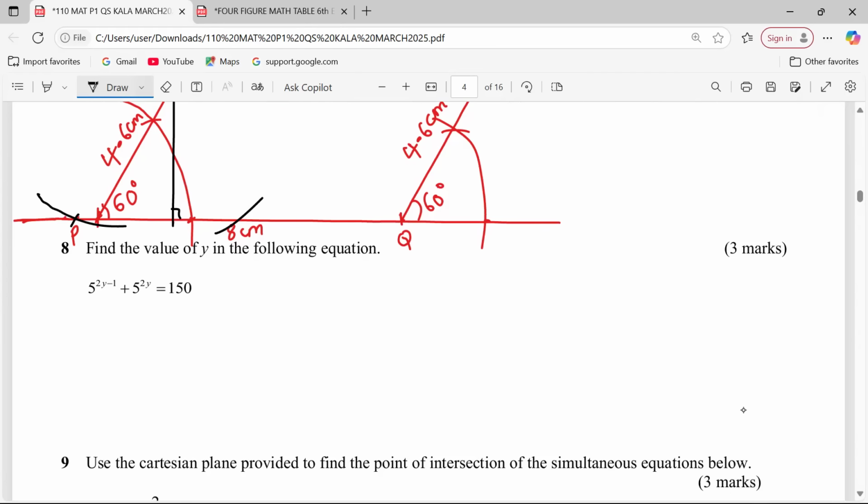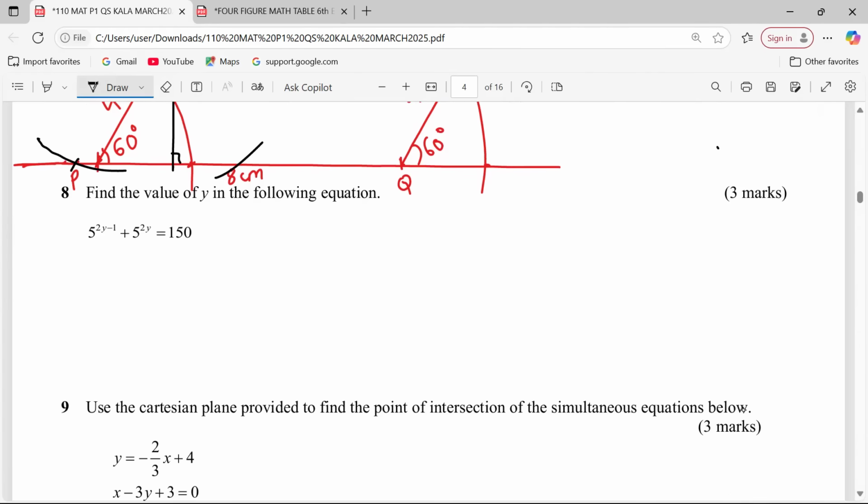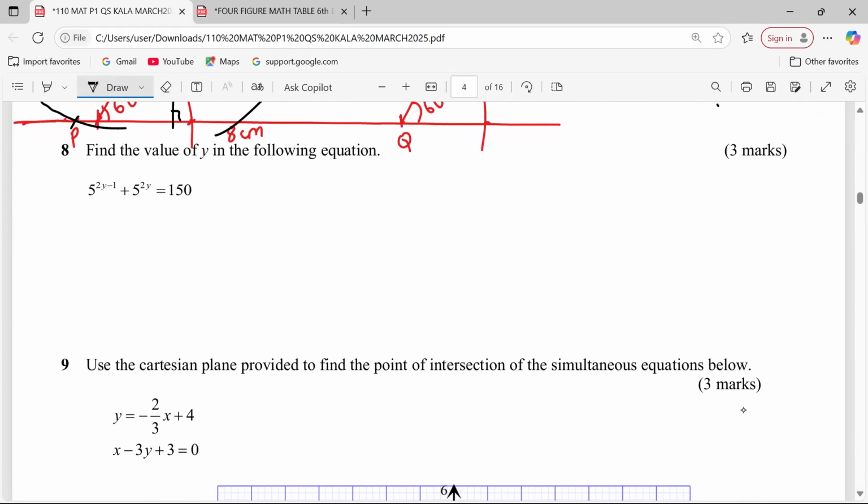The first thing that you're supposed to do, guys, is to ensure that you apply the laws of indices. The first law says, in case you are having a power m, then you divide this by a power n, that's the same base, different powers, you just take a and you subtract the powers.